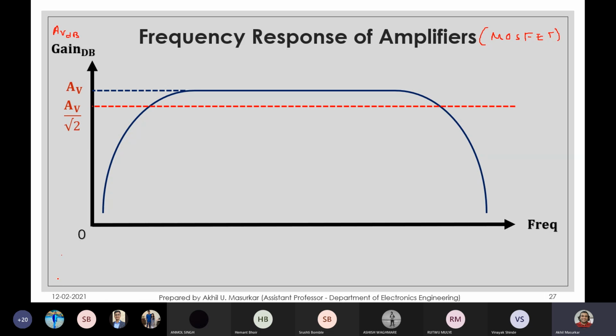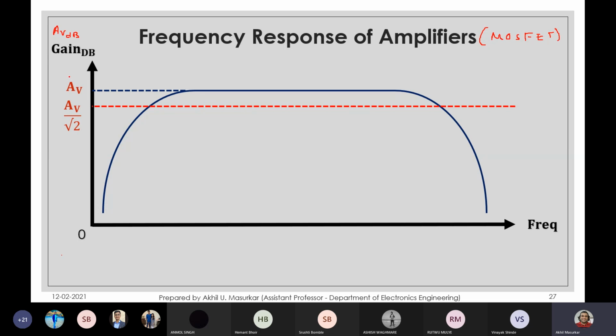Now, this is a gain which is AV upon root 2. So 1 by root 2 times AV is going to be less than AV, so we draw another line here.